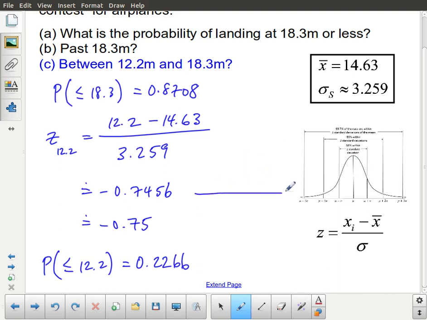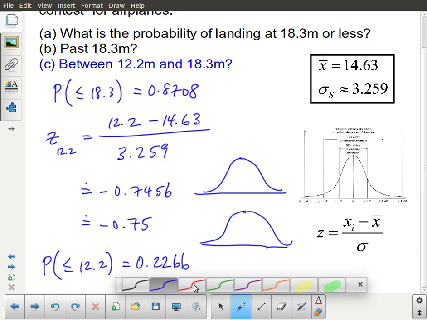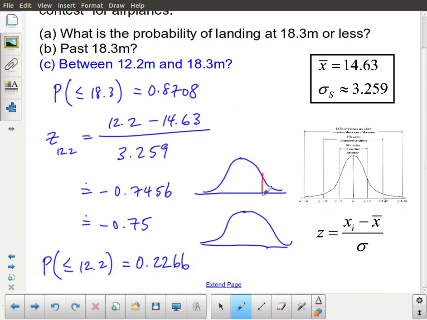So I'm just going to sketch them here, one above the other. There's the first one. There's the second one. The first one told us that there was 87%.